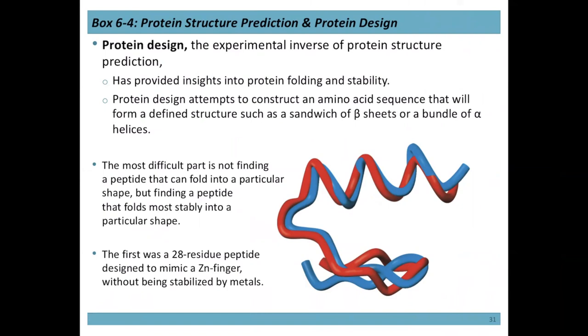So can I make this structure down here? They actually have a competition every couple of years where they give people a fold to design, and you come up with a sequence of amino acids and see if your amino acids will fold there.